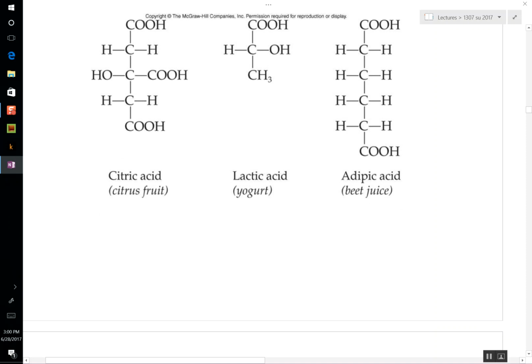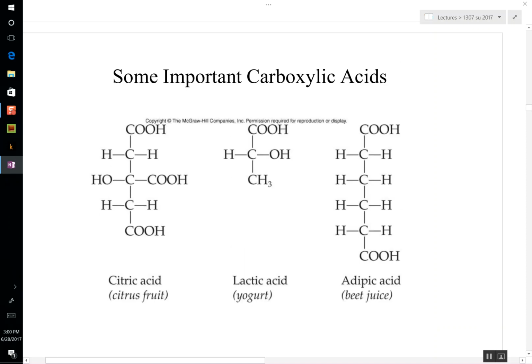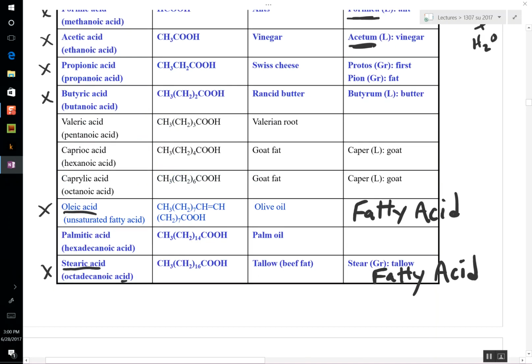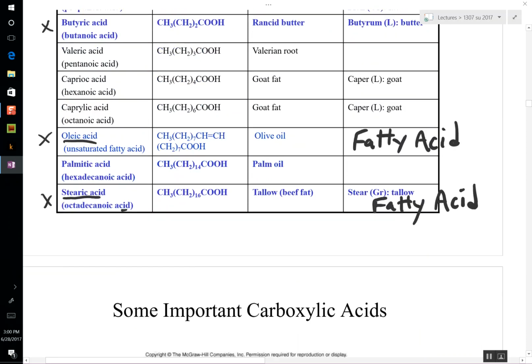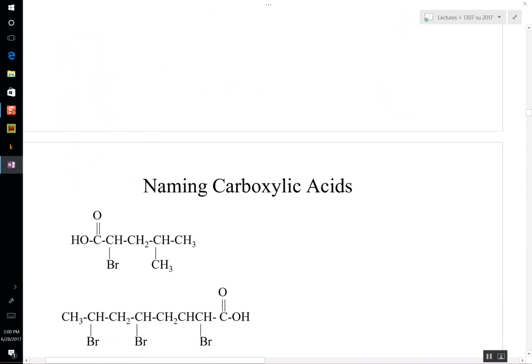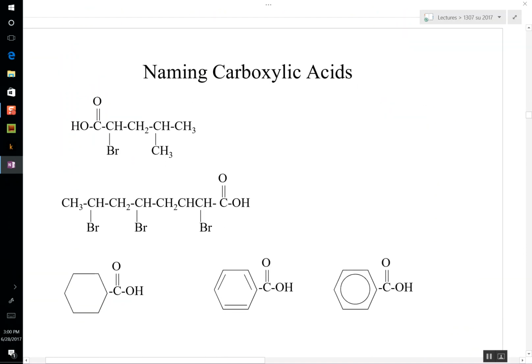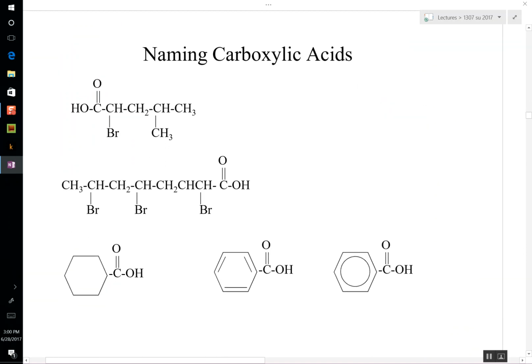Do we need to memorize these? No, you don't need to memorize these. Here's the ones that you need to memorize. We're going to look at the structures of oleic and stearic here in a minute. I don't know what slide to get to, but we'll get to them.